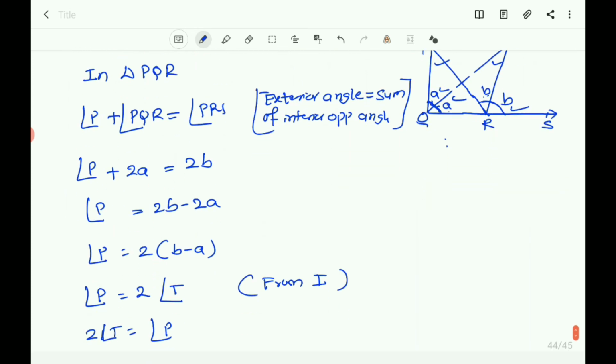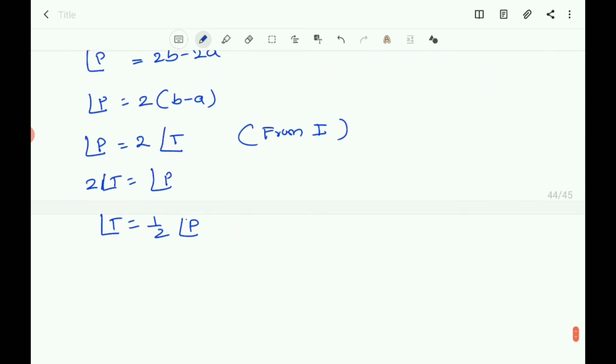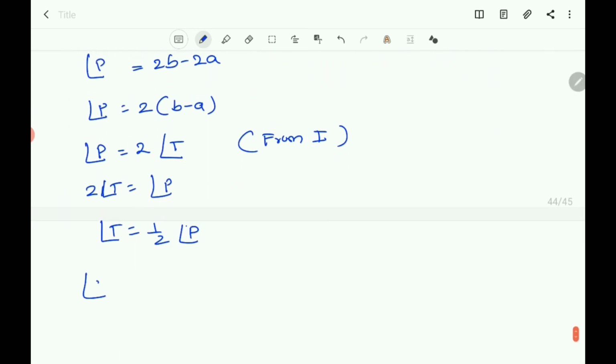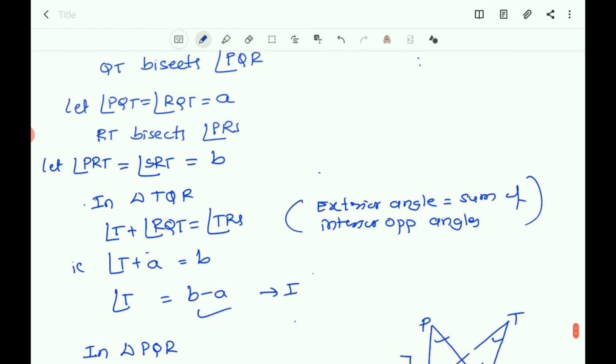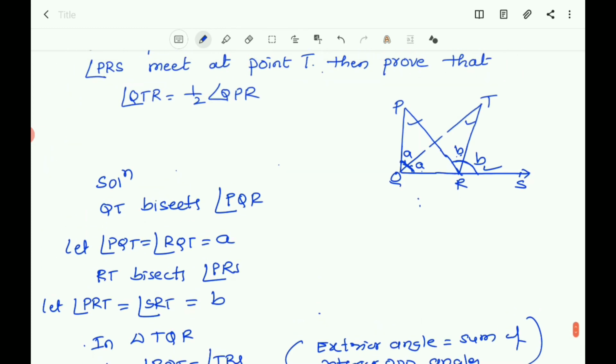Angle QTR is equal to half angle QPR. So you got the result that you have to prove here.